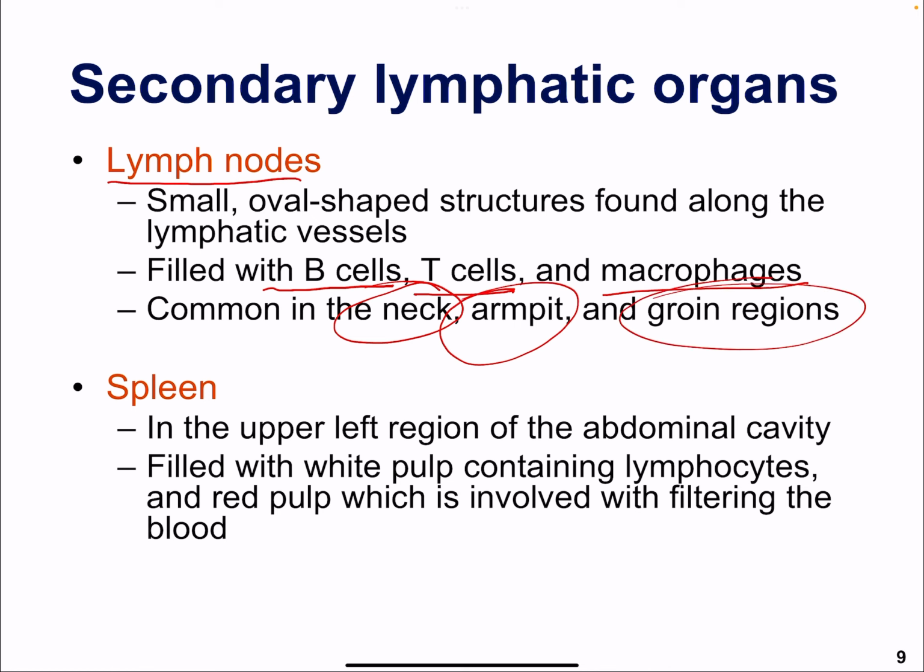I want you to remember that the spleen is going to be found in the abdominal cavity, right? Its job is to store the lymphocytes in the pulp. The white pulp is in the middle segment. And then we have the red pulp that is on the edges, where filtration of the blood is going to happen.